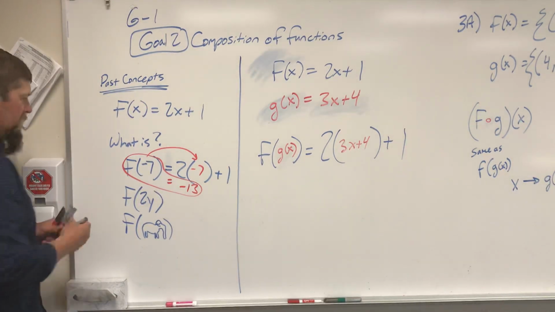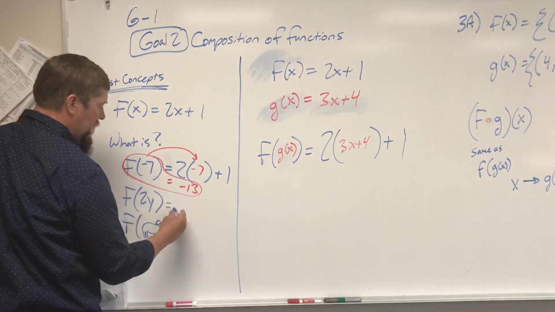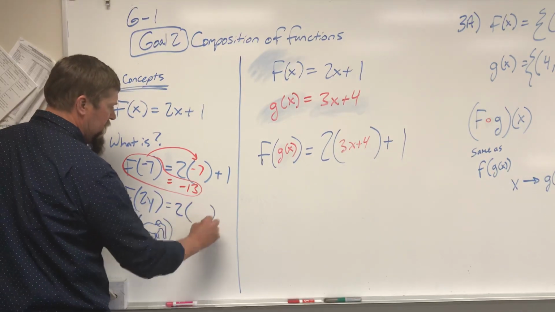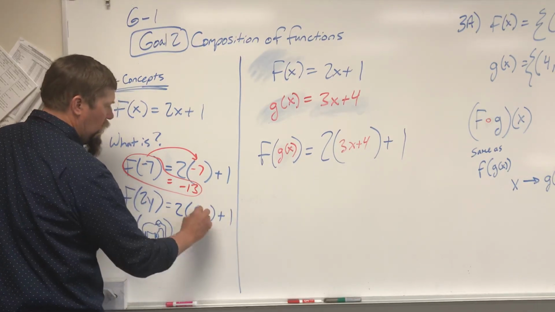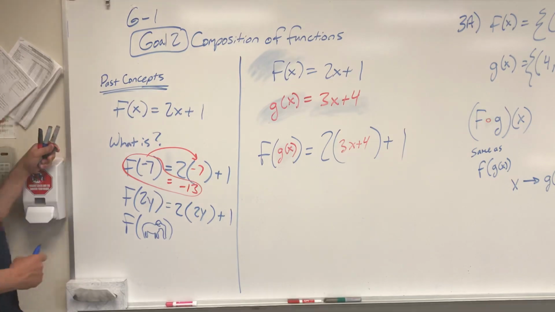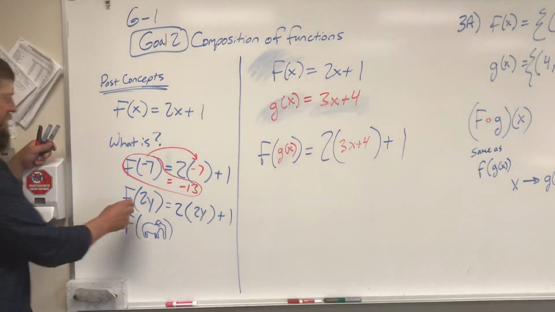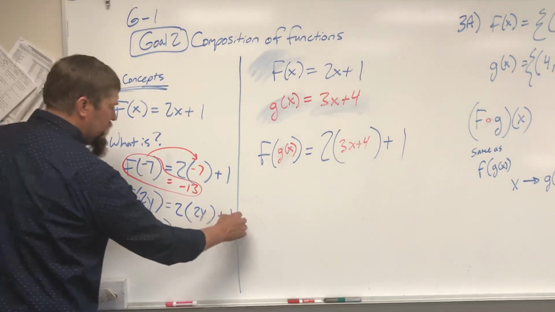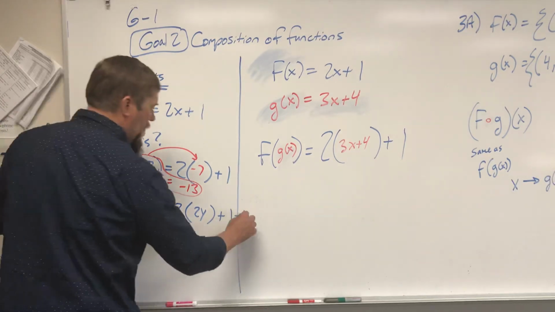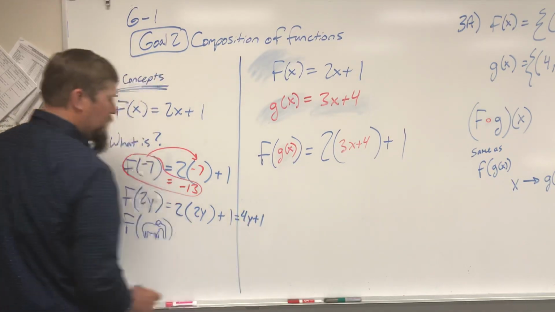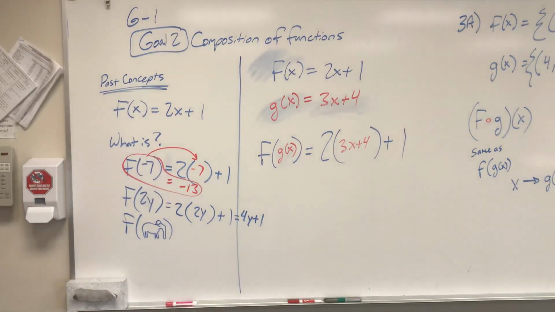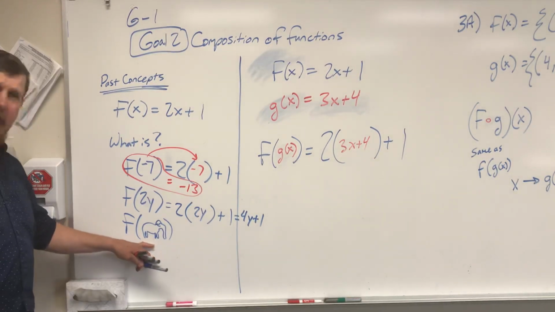If we put 2y in, we do the same thing: 2 times 2y plus 1. So f of 2y is equal to 4y plus 1. You just simplify it. Okay, the same thing with an elephant.